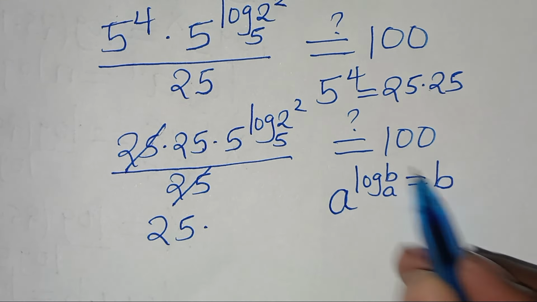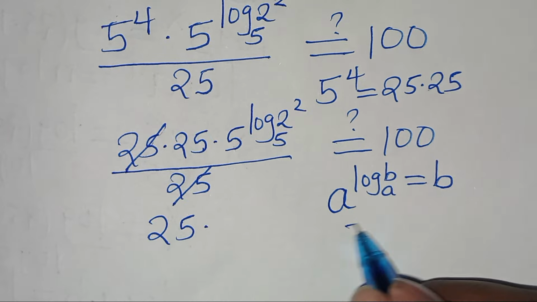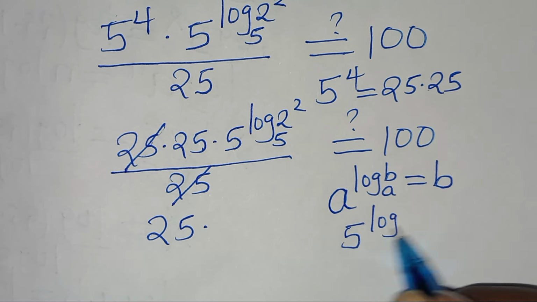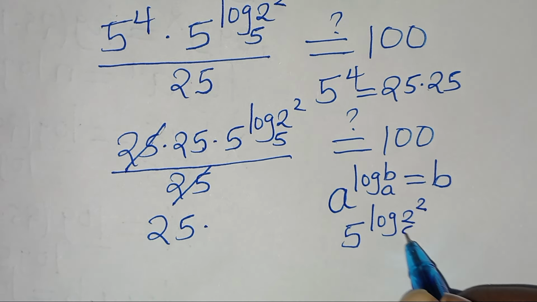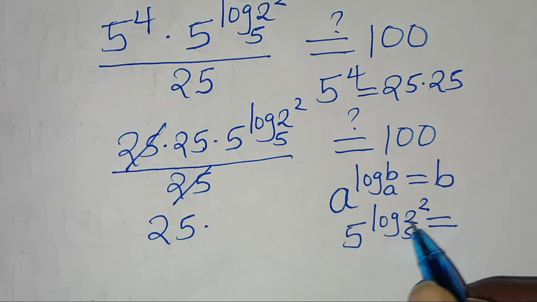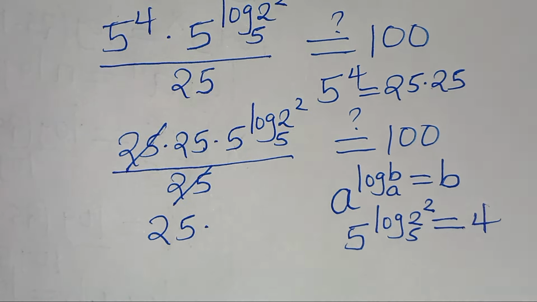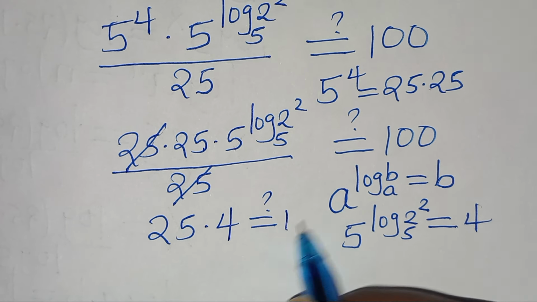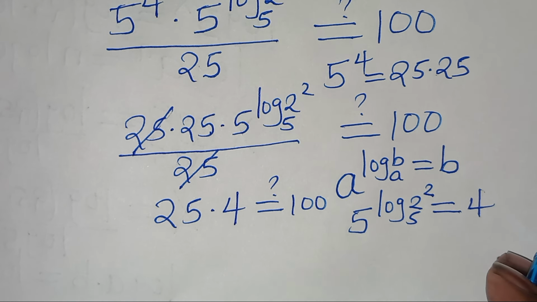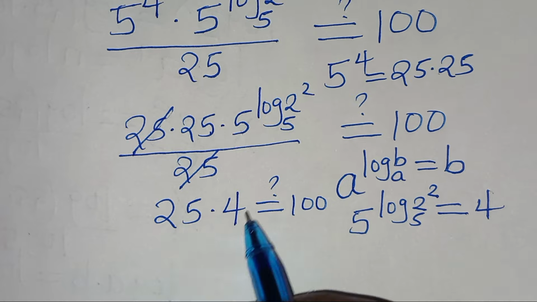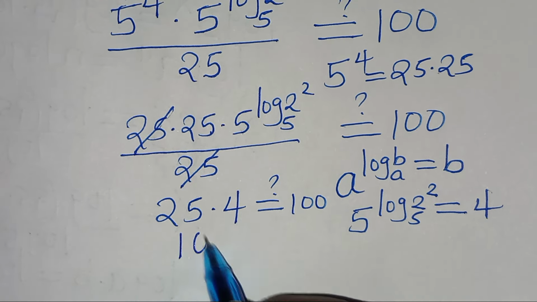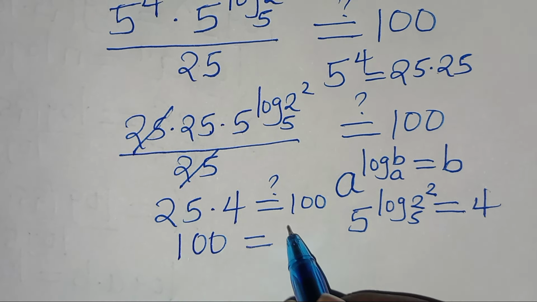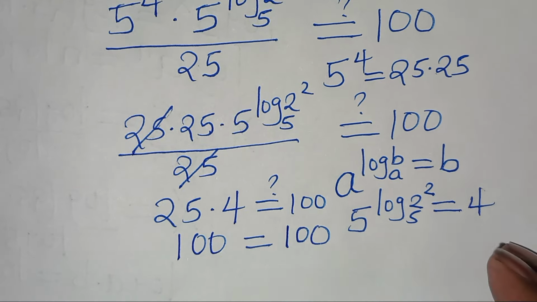Applying this property, then we have 5 to the power of log 2 to the power of 2 to base 5. This is equal to 2 to the power of 2, which is 4. So we have 25 times 4. This should give us a value of 100. So we have 25 times 4. This is 100. And this is equal to 100.